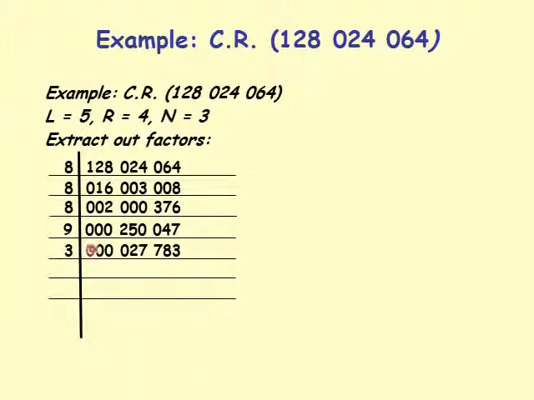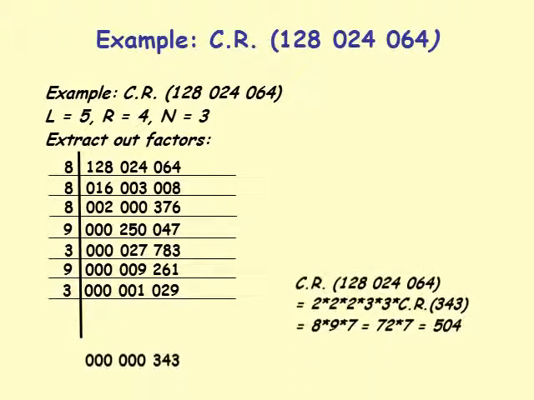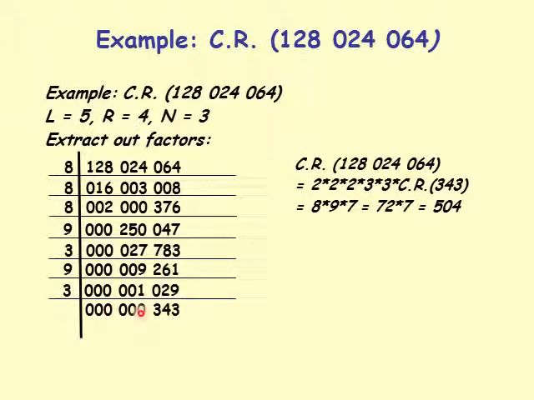That gave me 000 027 783, and this is still divisible by 3, so we'll extract out 3 here, and that number is 9261, and that's divisible by 9, so we'll extract out one 9 here. That gave me 001 029, that's divisible by 3, so we'll extract out one 3 from here, and we get 000 343.